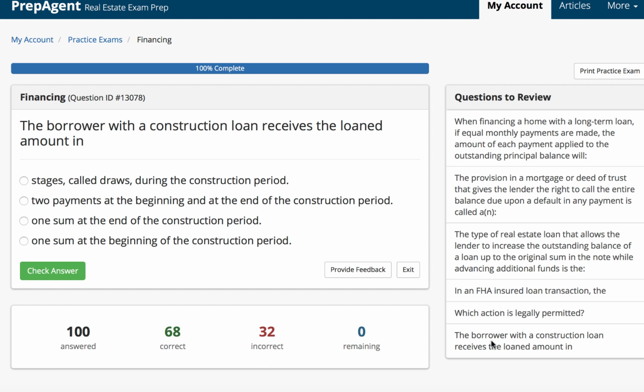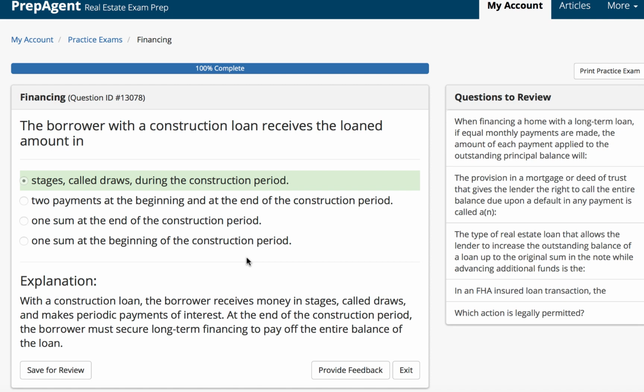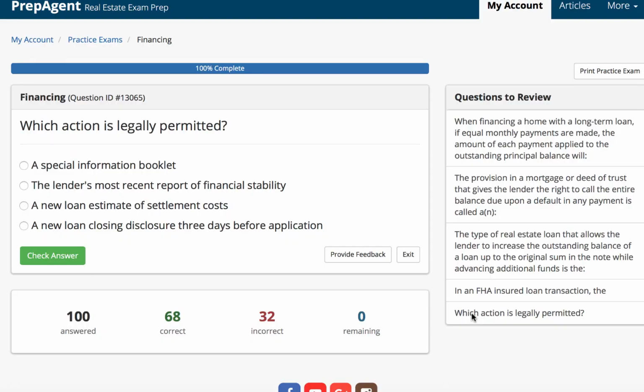The borrower with the construction loan received the loan amount in stages called draws during the construction period. That is the answer. You're sounding pretty ready. Which action is legally permitted?